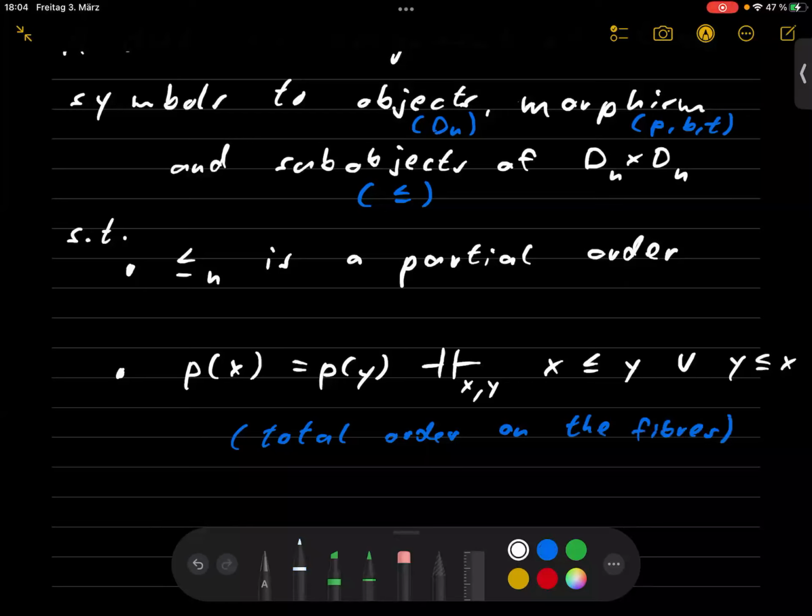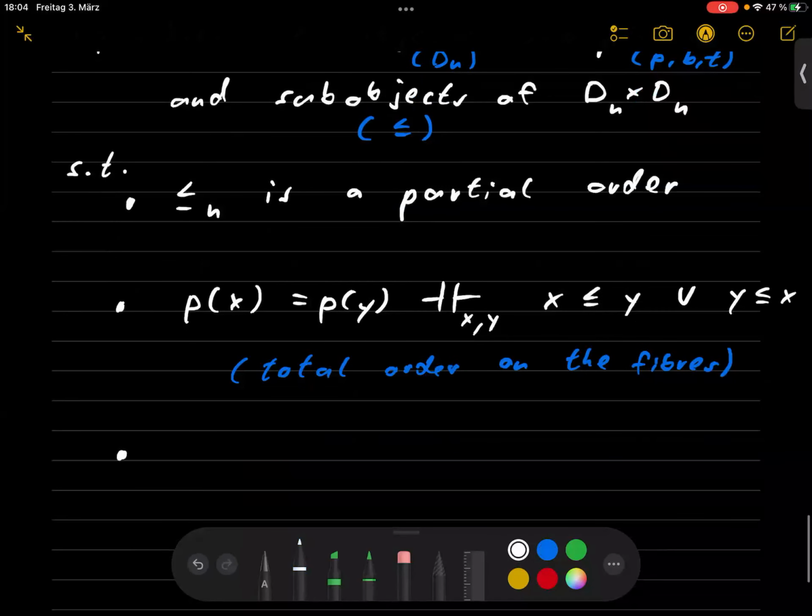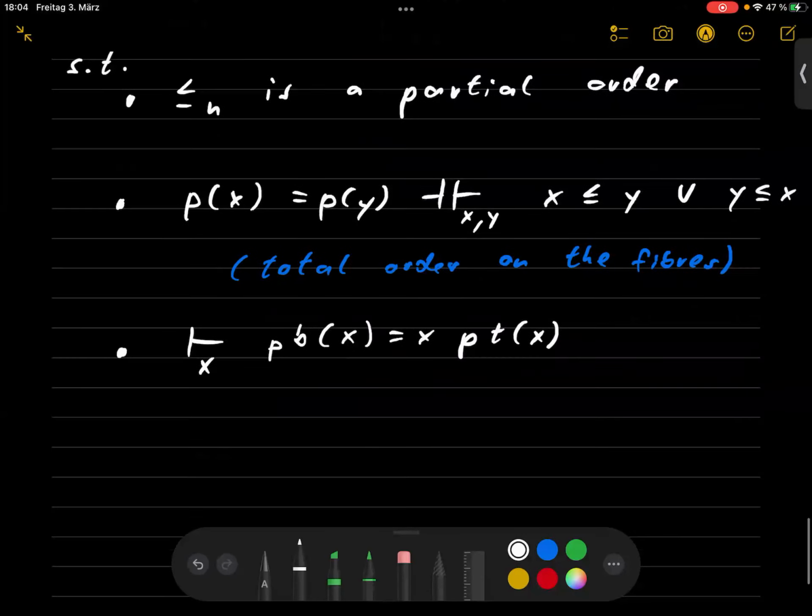And the next one, we should have that B and T are sections. Hence, we have that it always holds for all X that P of B of X equals X, and also P of T of X. So B and T are sections.